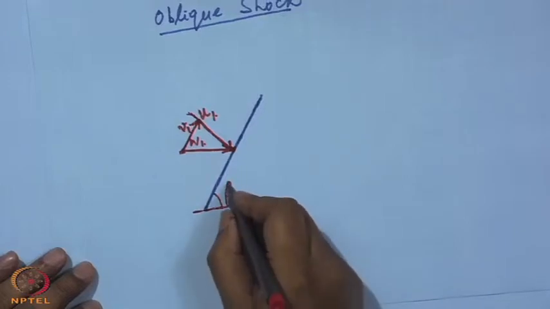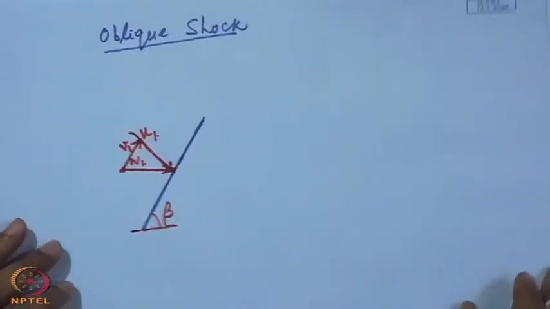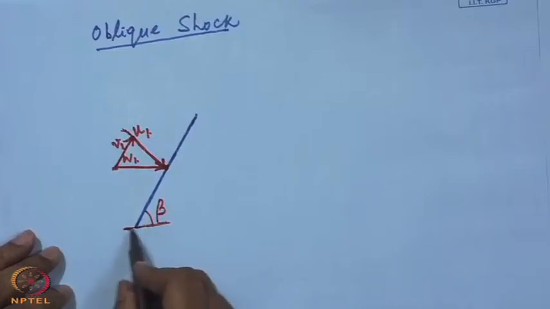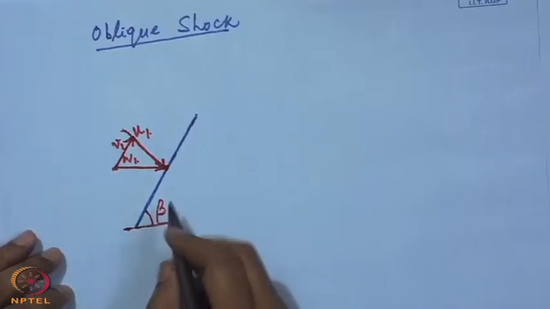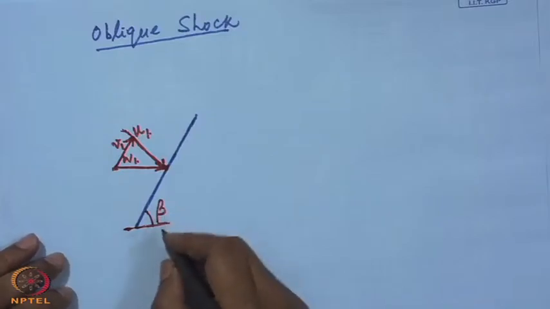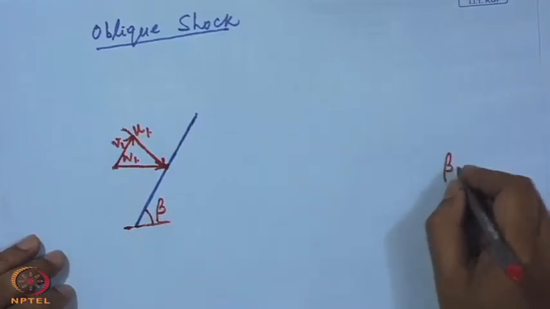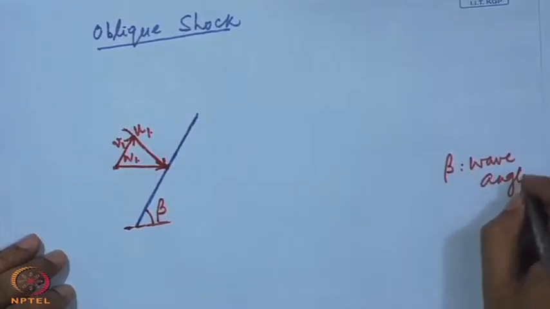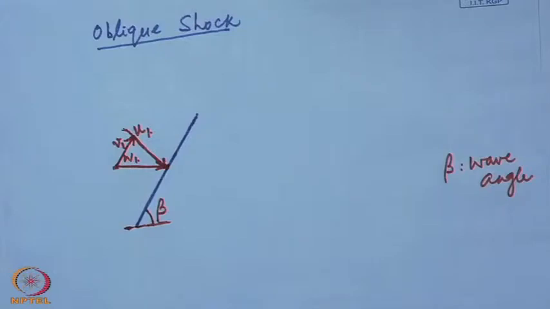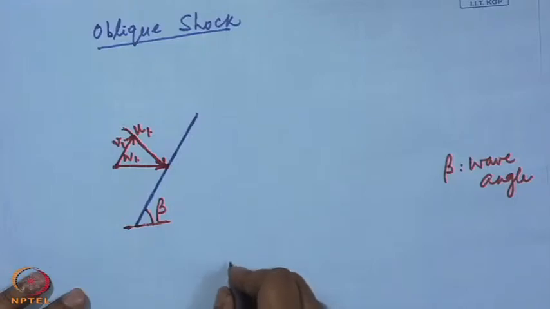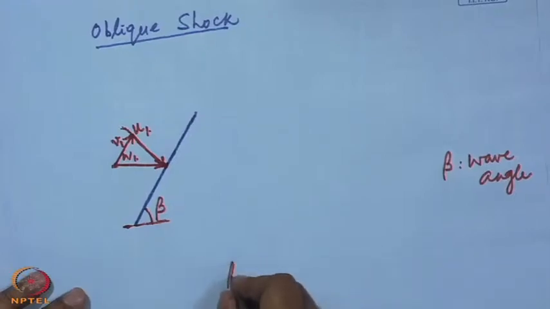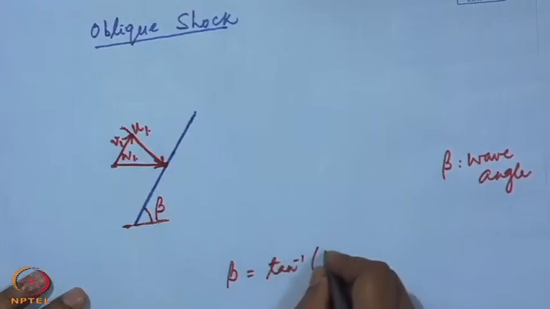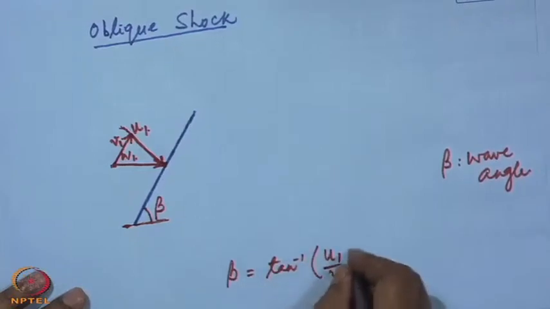This angle, the oblique shock angle with respect to the horizontal, we call the wave angle beta. That is, beta we call the wave angle, and what we can see is that this wave angle beta is tan inverse u1 by v1.